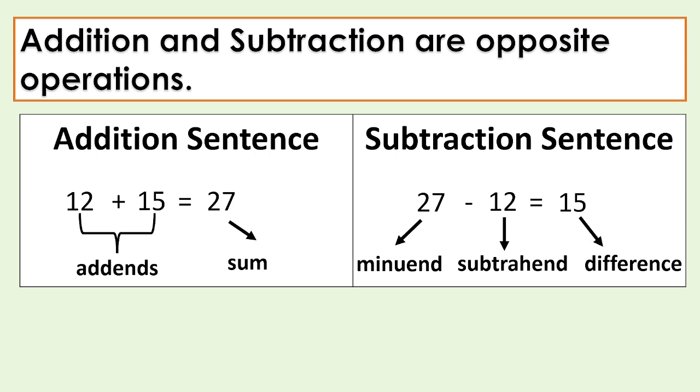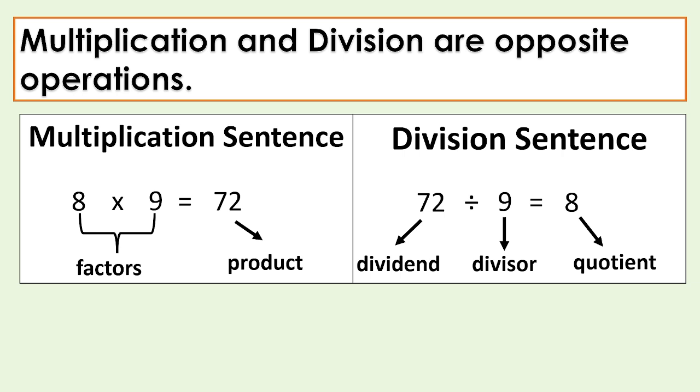For example, we have here 12 plus 15 equals 27. It becomes 27 minus 12 equals 15, where addition and subtraction are inverse operations. Multiplication and division are opposite operations.